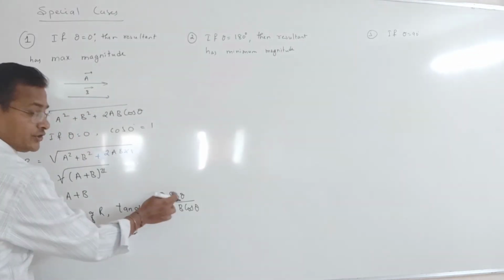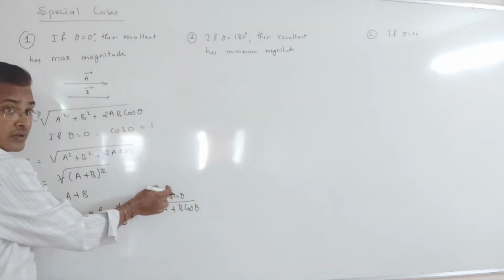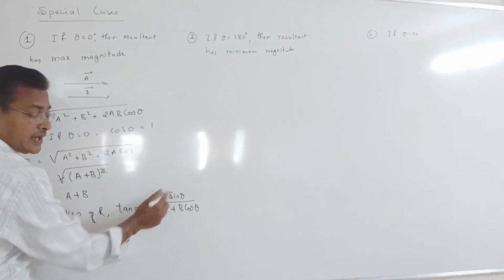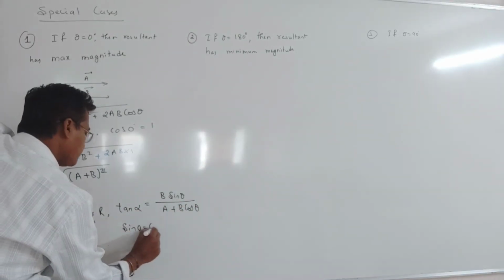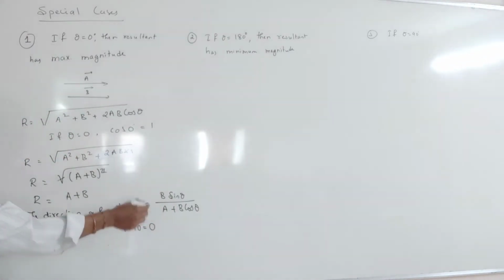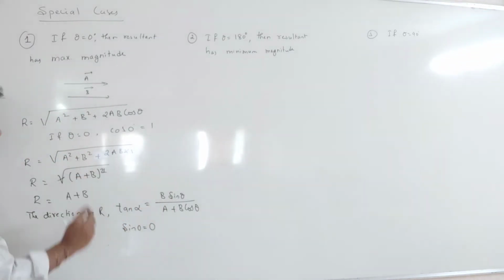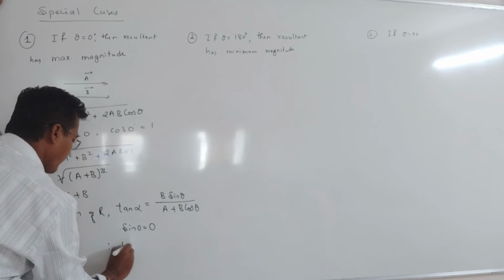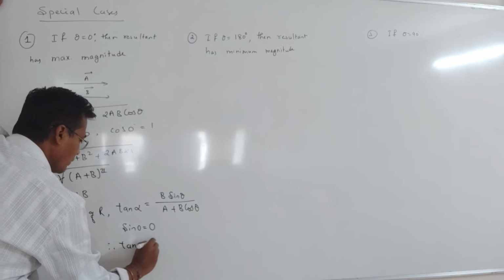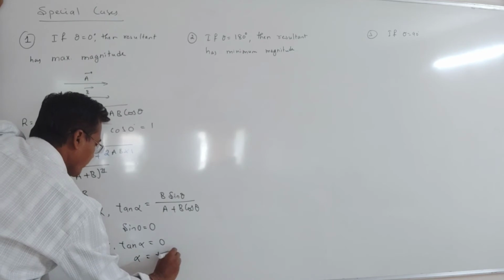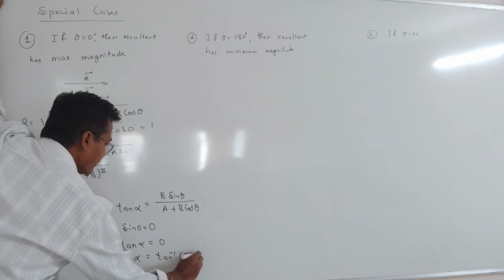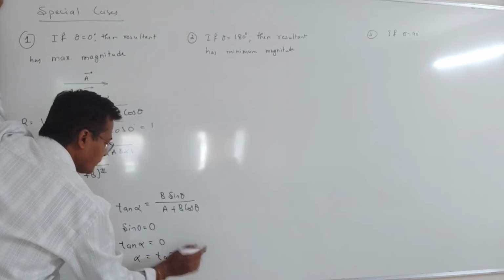Okay, sin 0 is 0. Anything multiplied or divided by 0 is 0. So therefore tan alpha equal to 0, alpha equal to tan inverse of 0, and tan inverse of 0 is again 0.